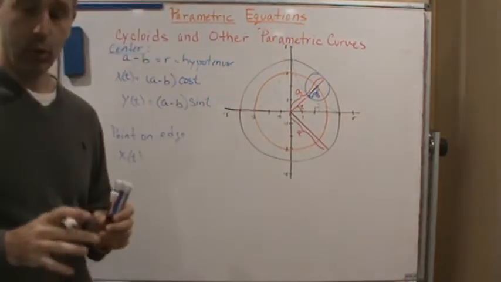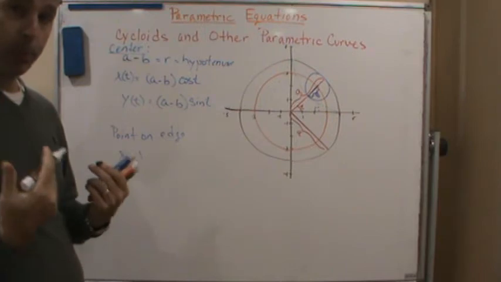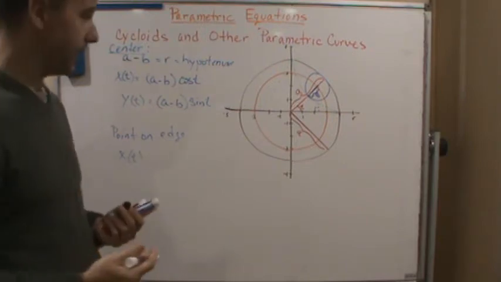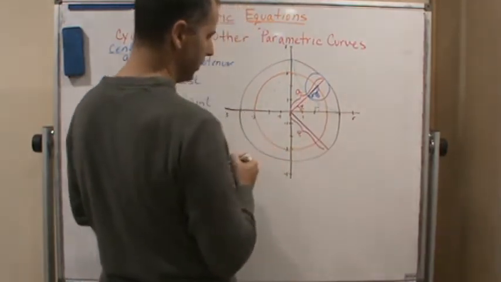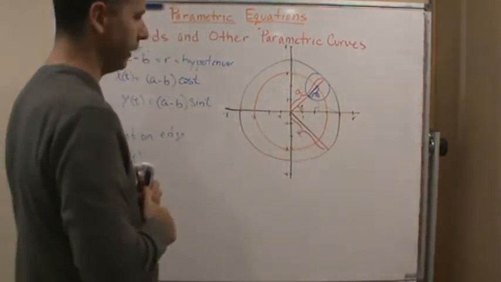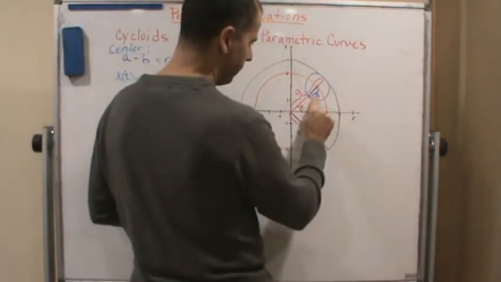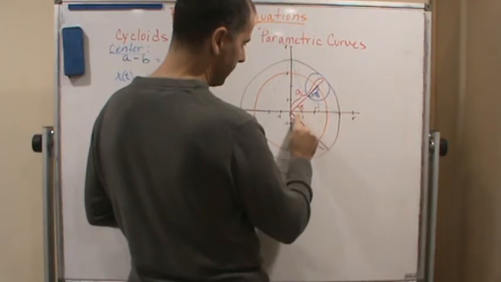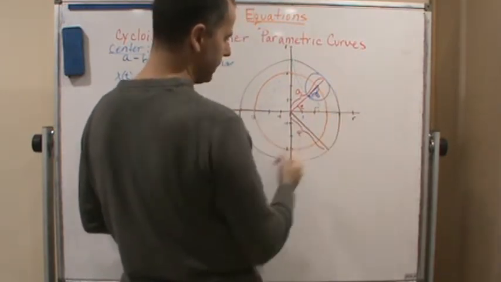And remember, the one thing about similar triangles is that corresponding sides are proportional. So this angle is the same as this angle because I've got a transversal that's intersecting two parallel lines, okay? So this is going to be proportional to this side, and this is going to be proportional to this side.